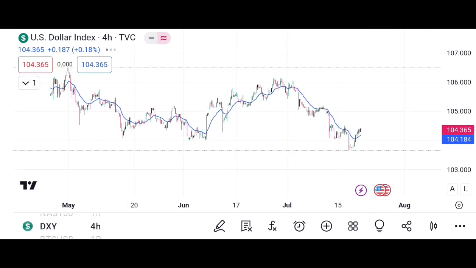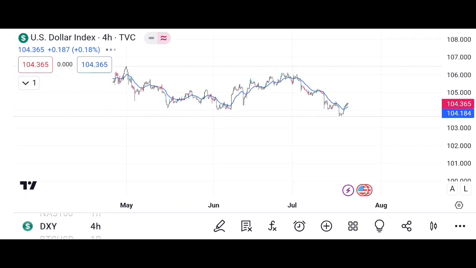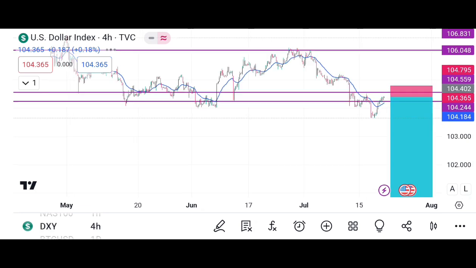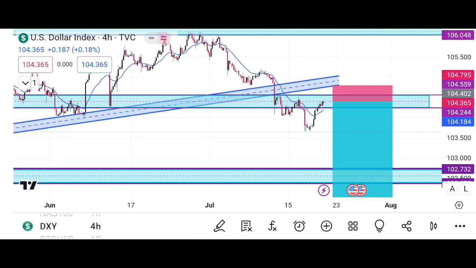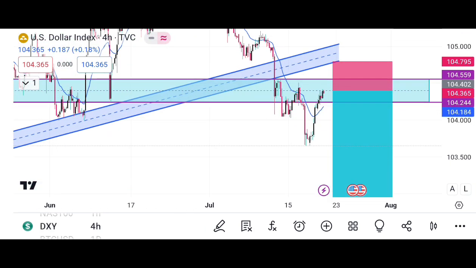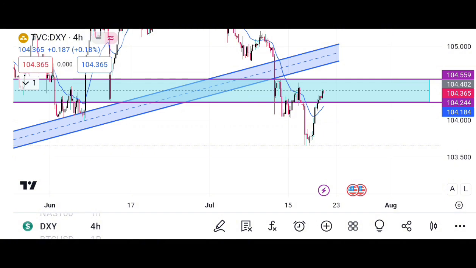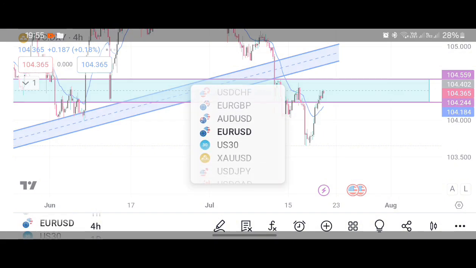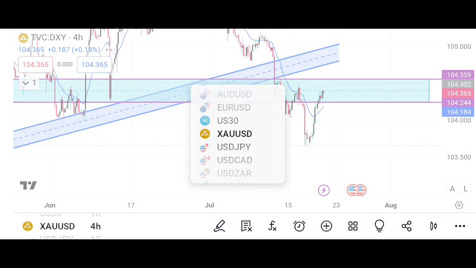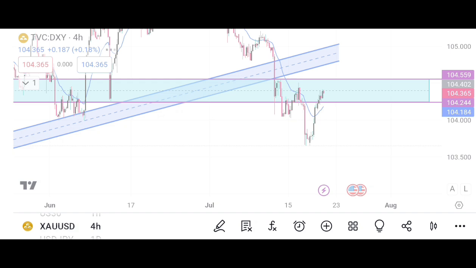As you guys can see, the DXY, I've analyzed it already. Since we are looking for bears on the DXY, with gold, we are going to be looking for buying opportunities. Those are correlating pairs.